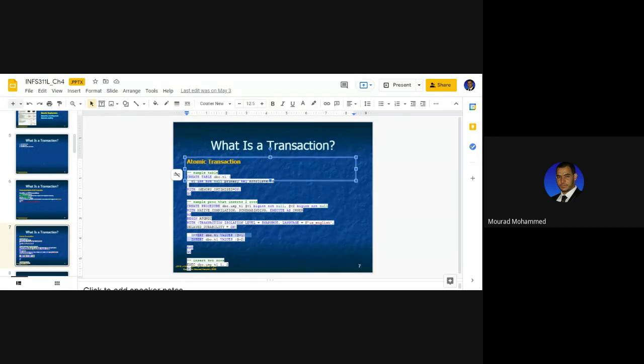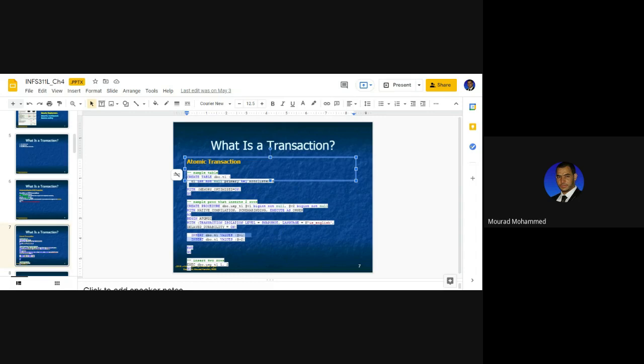It might have 100 queries, 10 queries, 5 queries, or 55 queries. There is no limit. As many queries as there are, since they are in the same procedure, same block, they are all to be seen as an atomic process, an atomic transaction, not as standalone queries one by one.